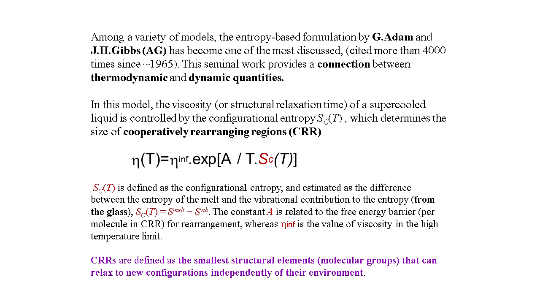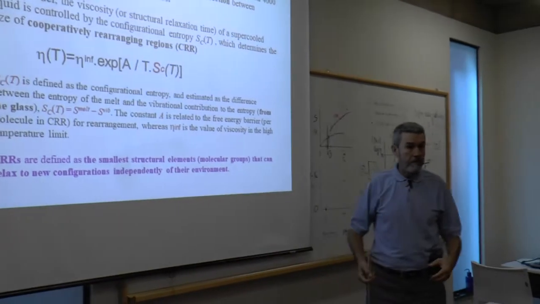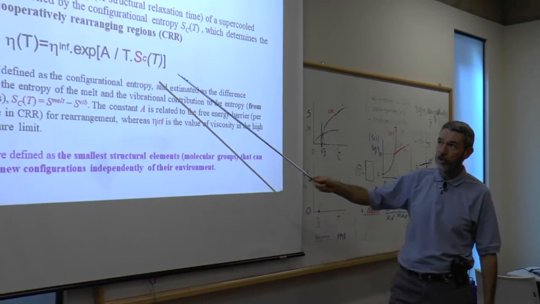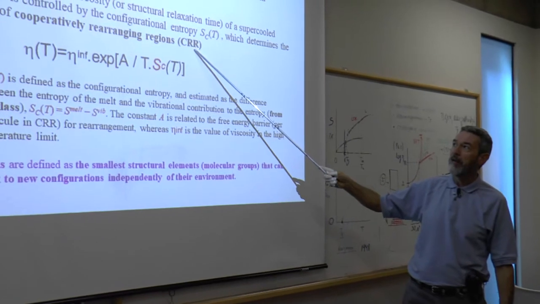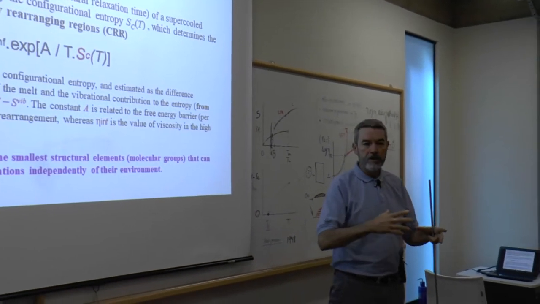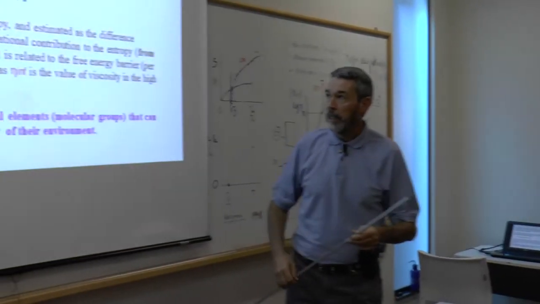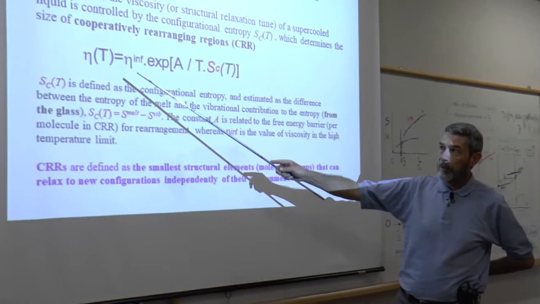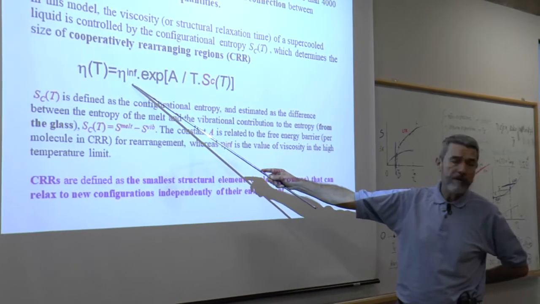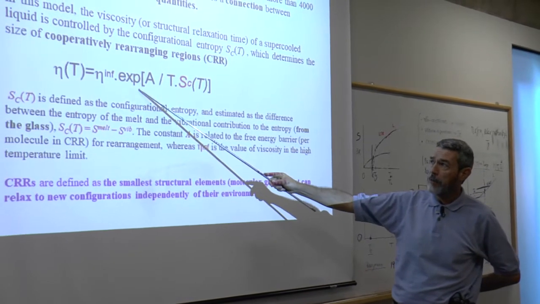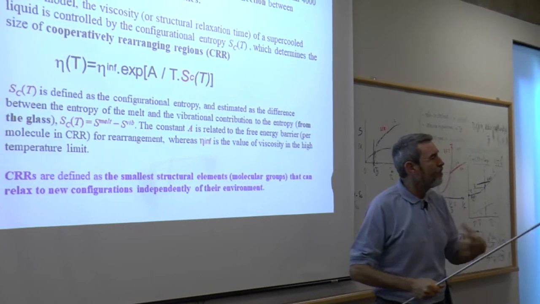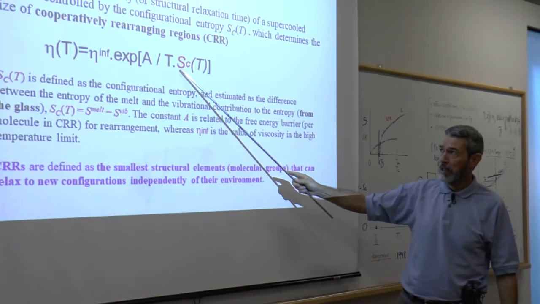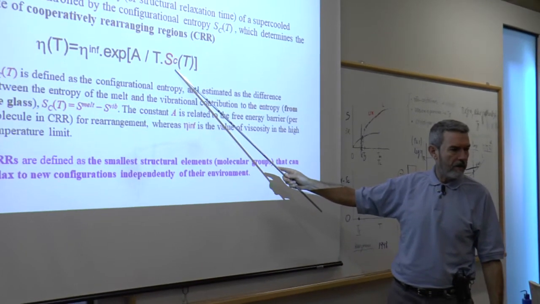Okay, so we have already shown this equation using the Adam-Gibbs model of viscosity, which assumes that there are certain regions in the glass, CRR, cooperatively rearranging regions, that become larger and larger as the temperature drops. And their expression relates the viscosity with the viscosity at very, very high temperatures, the exponential of an unknown parameter which is related to the activation enthalpy, the temperature, and the configurational entropy of the liquid.